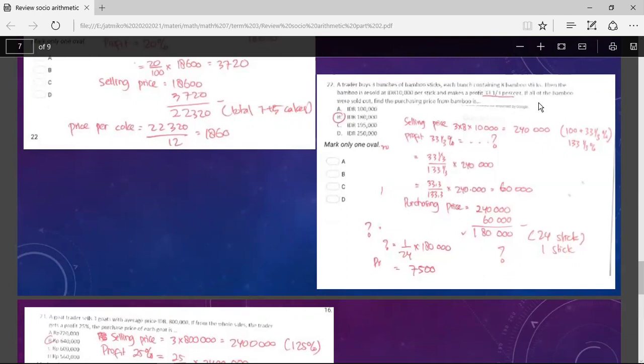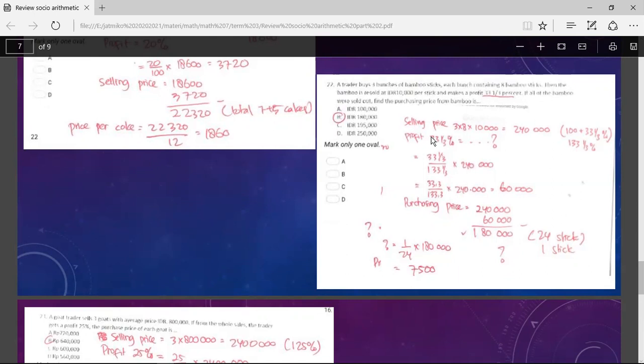So the selling price is 100 plus 33 1/3%, so 133 1/3%. Here we can compare: 240,000 is 133 1/3%, and how much is the profit of 33 1/3%? You can compare the selling price with the profit like this.